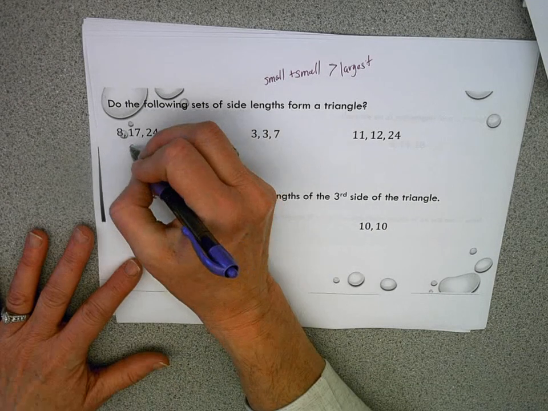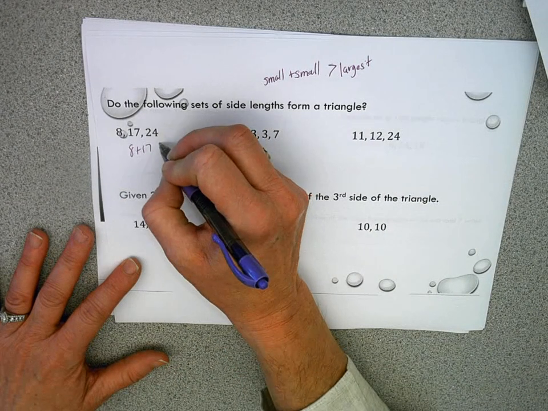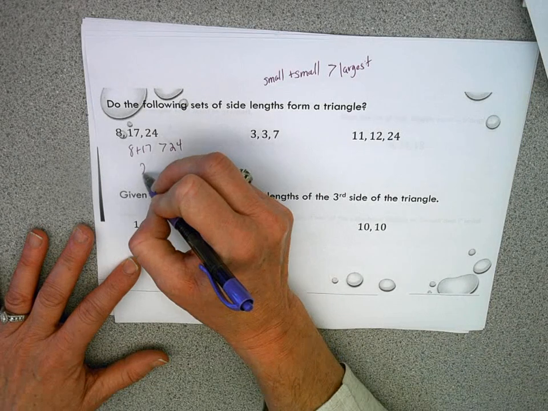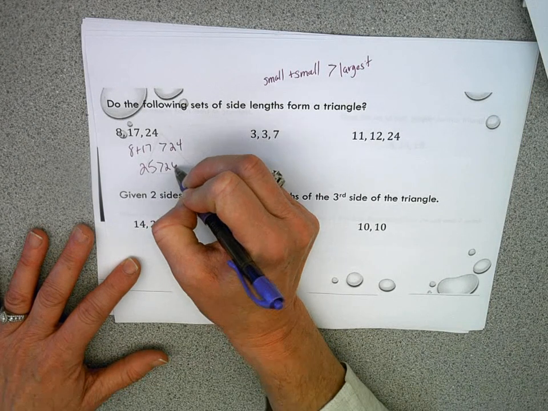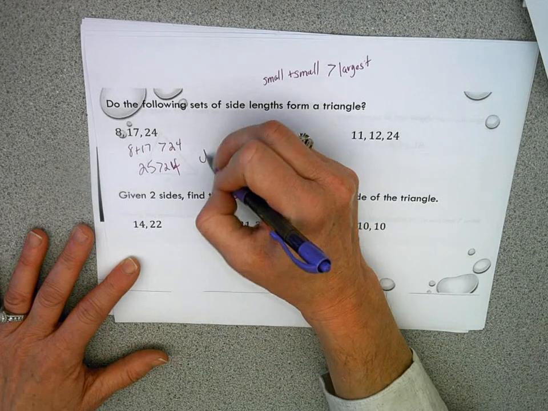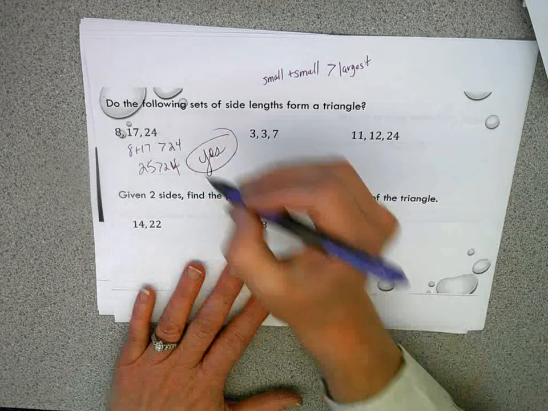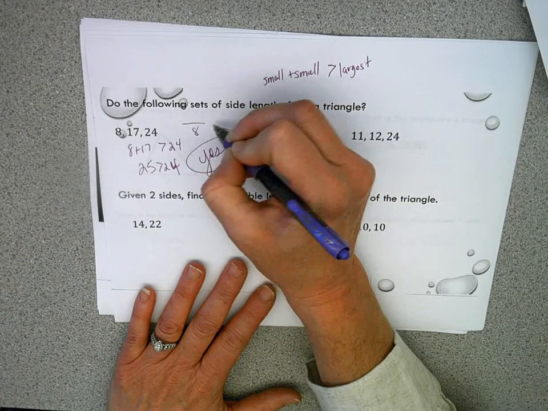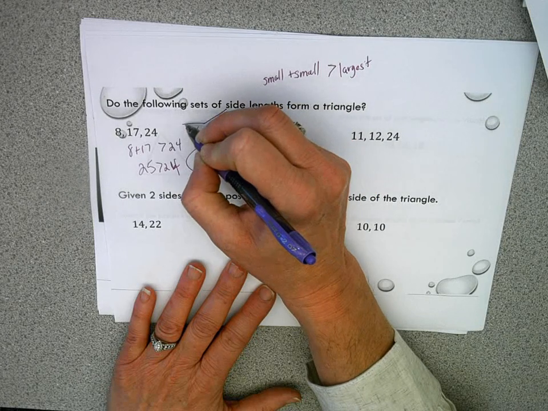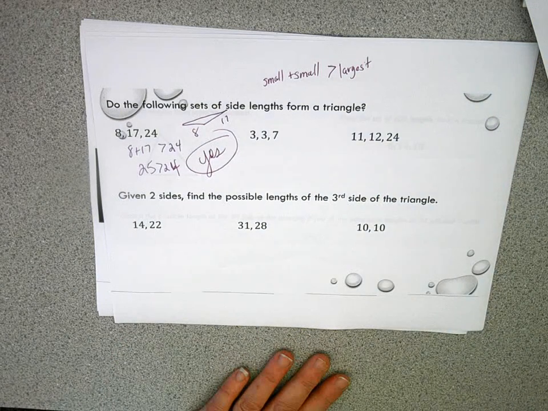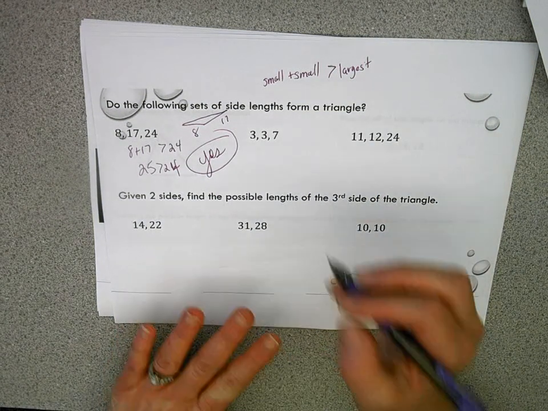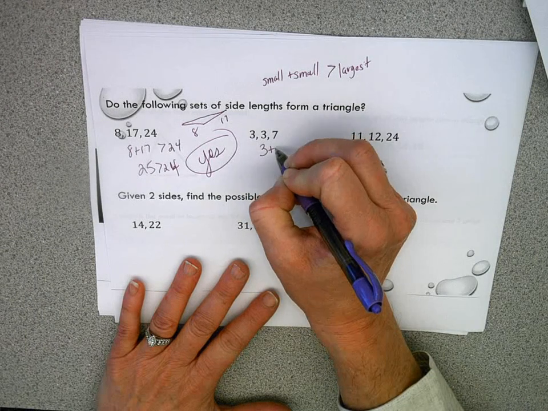So is 8 plus 17 greater than 24? Well, yeah, 25 is greater than 24. So yes, that does make a triangle. It would work. If you had 8 and 17, you could connect to 24 there, because it's less than 25.